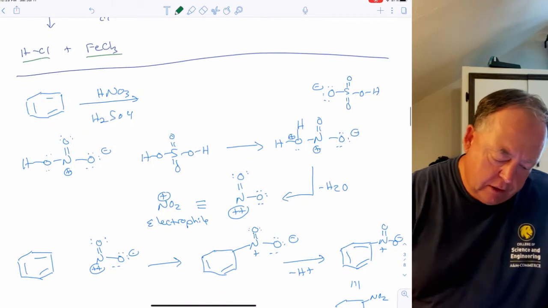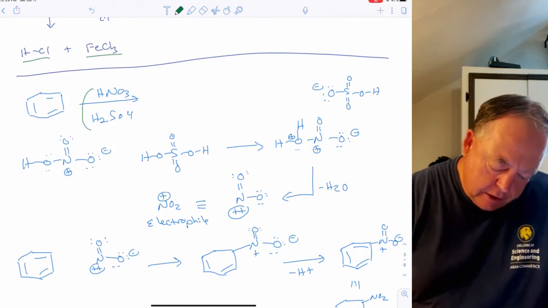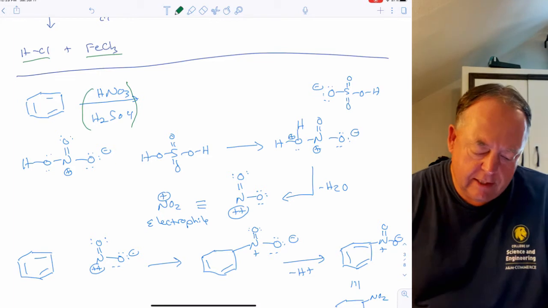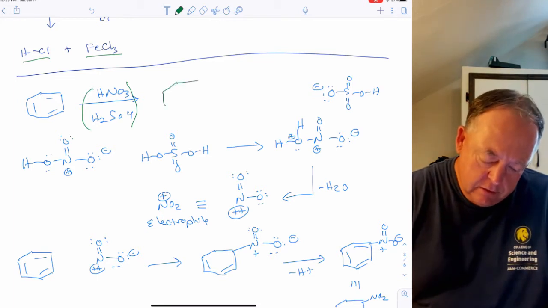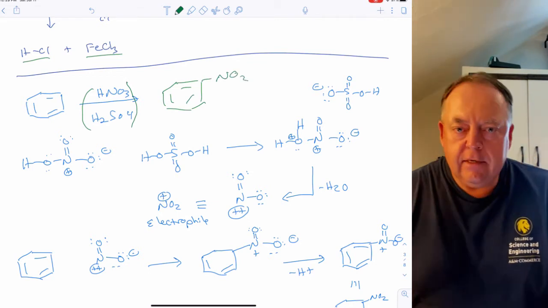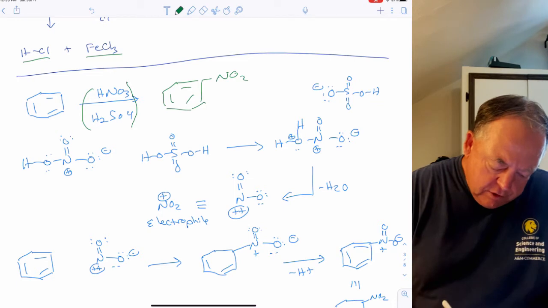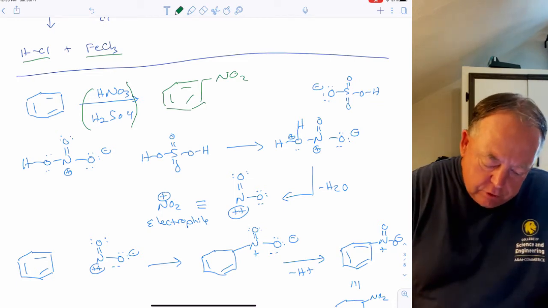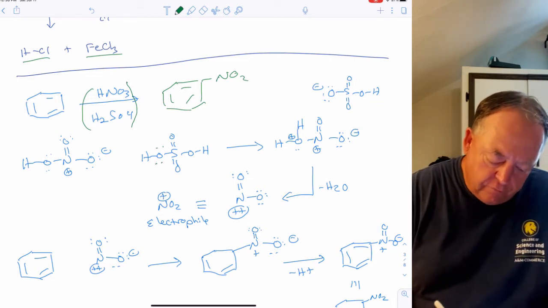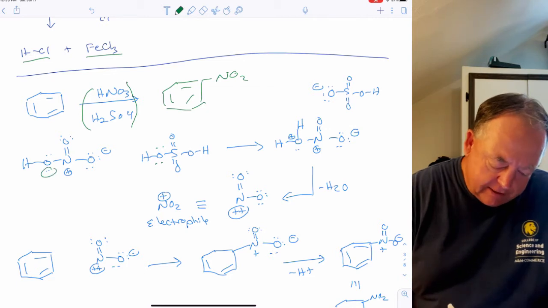Okay, so anytime you see this reagent with benzene, you should just recognize that's the recipe to make nitrobenzene. So the mechanism: nitric acid and sulfuric acid are both strong acids, but sulfuric acid is a stronger acid than nitric acid.